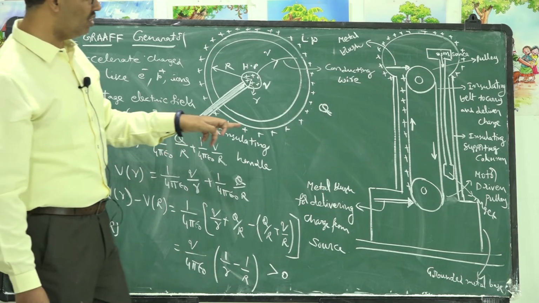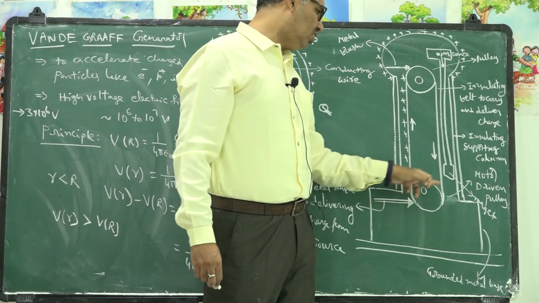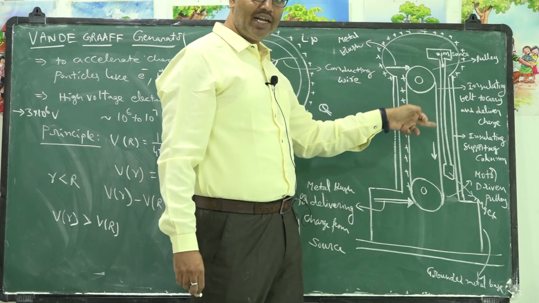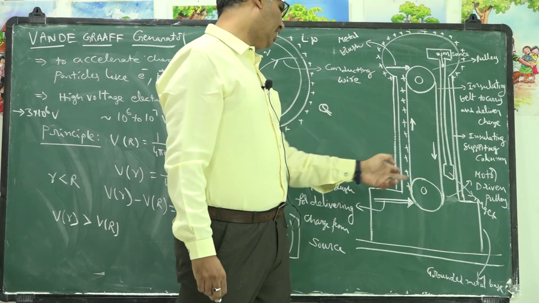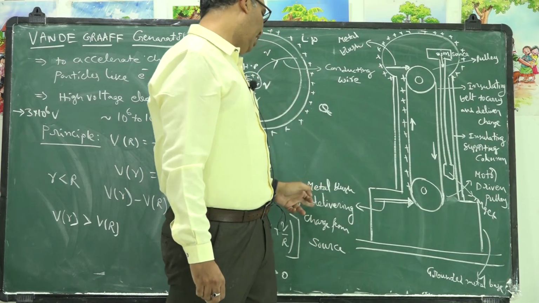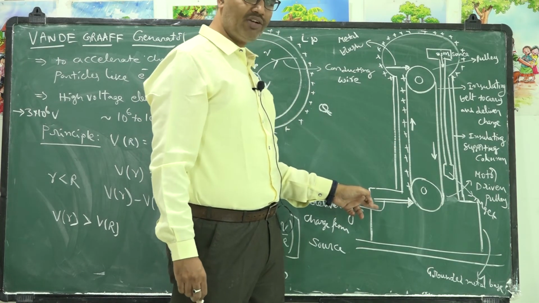Based on this principle, this instrument is designed. The instrument consists of two pulleys. One pulley is motor driven. The two pulleys are joined by a non-conducting material like a rubber or silk belt. As the pulleys move, the belt rotates, and here we provide a source of charge, like a high tension battery that we connect.